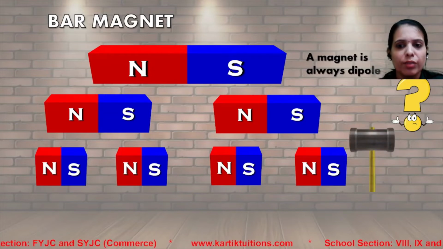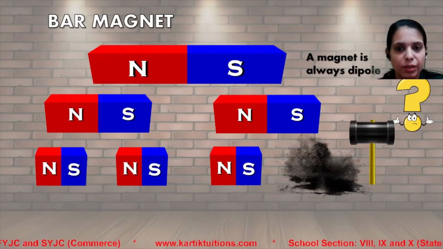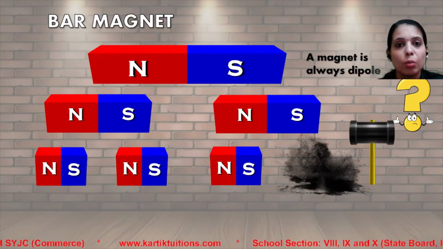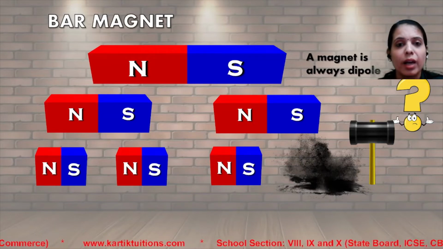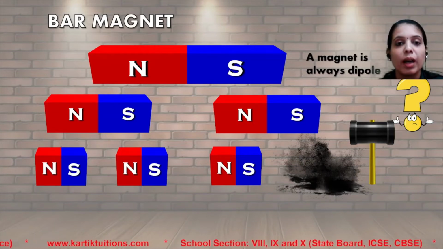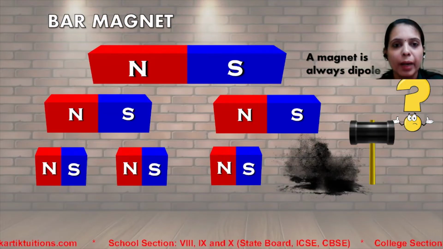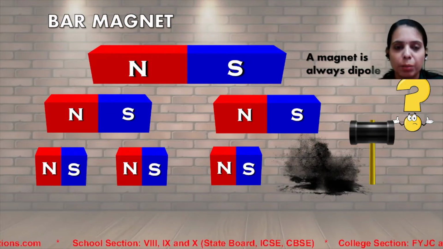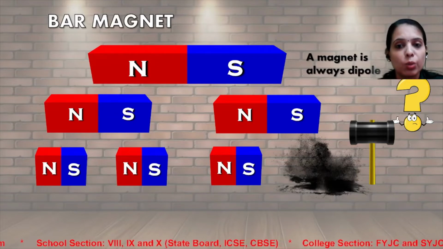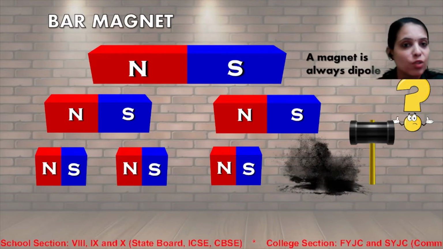And even if I crush this magnet into powder, each atom of this magnet will have a north pole and a south pole, which means that a magnet is always a dipole. You can't separate the two poles of a magnet from each other.